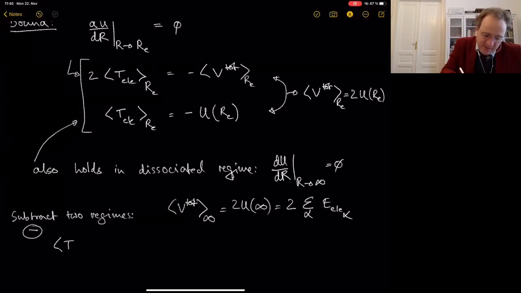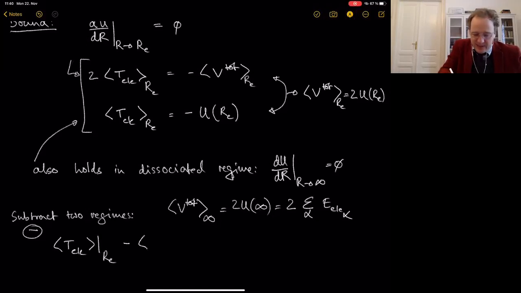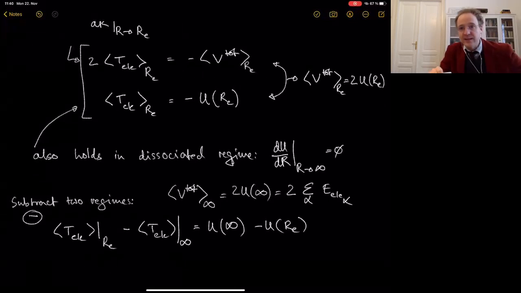Then we have T, the kinetic energy at the equilibrium distance, minus the kinetic energy at infinity, must be equal to the total energy at infinity minus the energy at the equilibrium, right? So that's the dissociation energy.